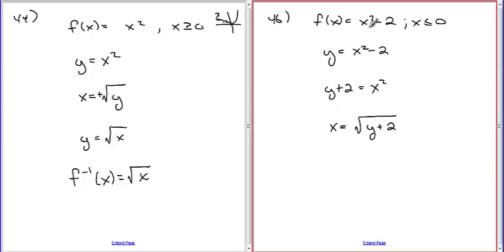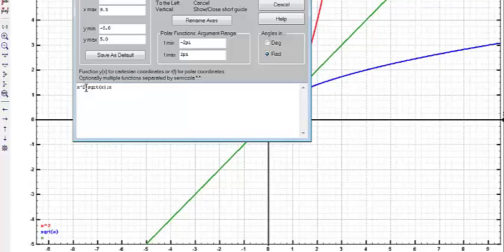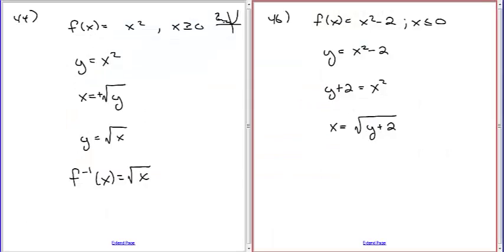Let's just plot this thing out, see what it looks like, and try to understand why they're limiting the domain this way. So the function is x squared minus 2, and we're saying that the inverse function is, well, we've got to switch the variables here.